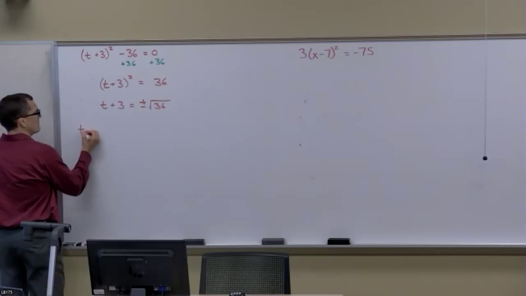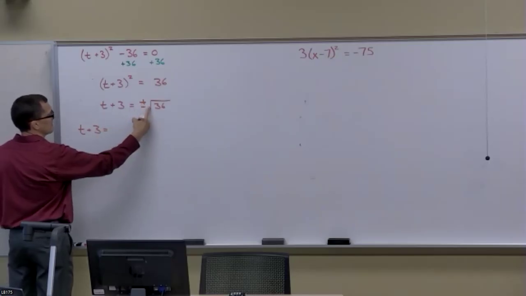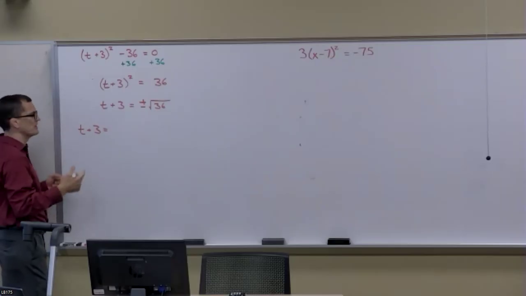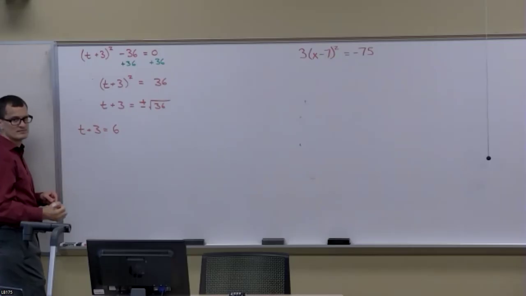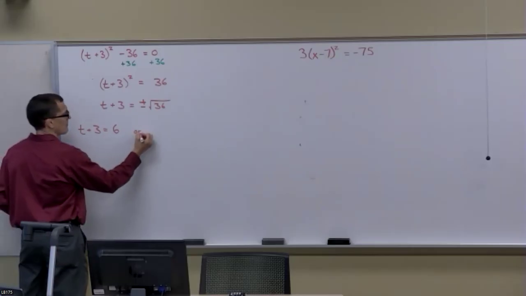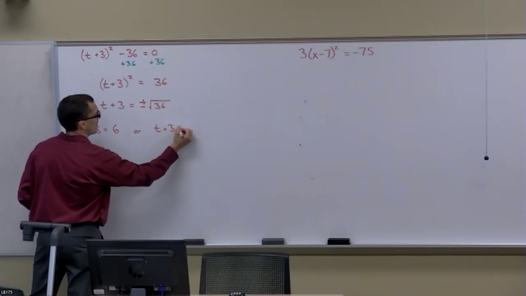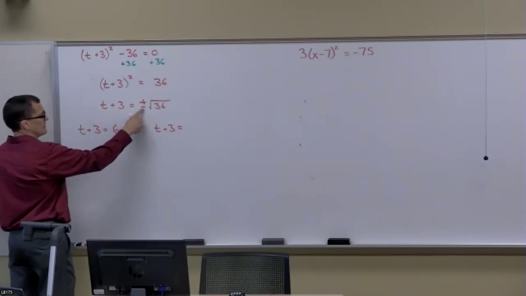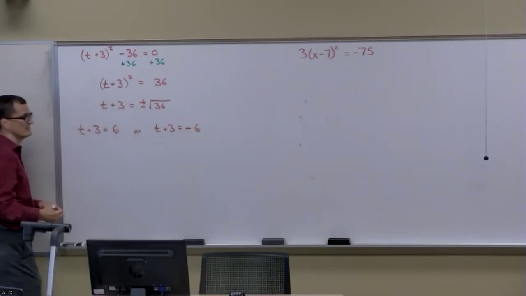When I think of the first equation, I'm getting a positive square root of 36. Square root of 36 is 6. So you get t plus 3 is equal to a positive 6. The second equation is a negative 6 on the right-hand side.